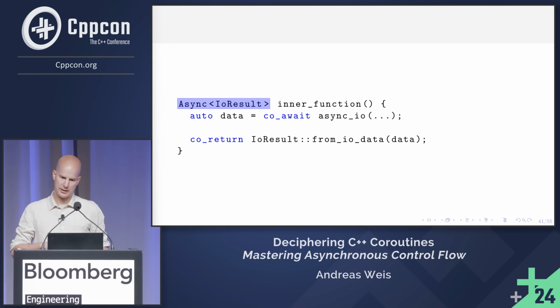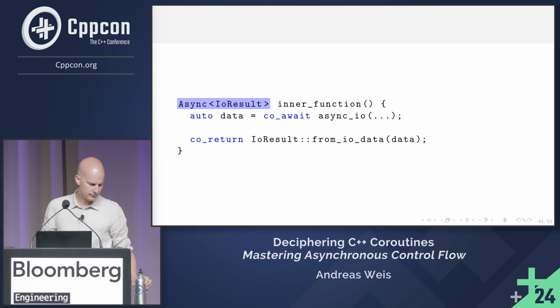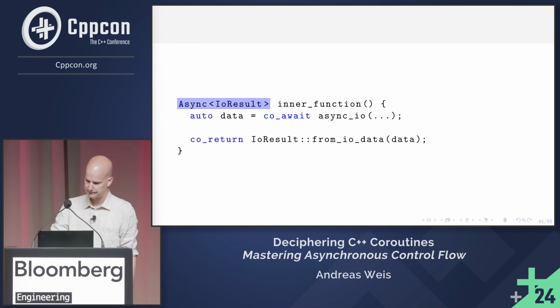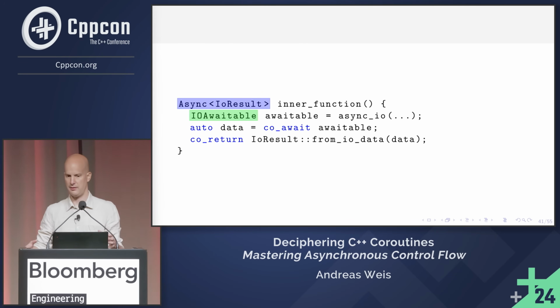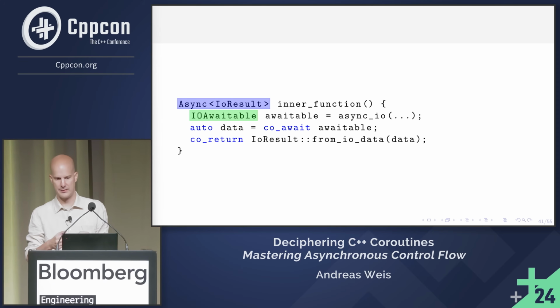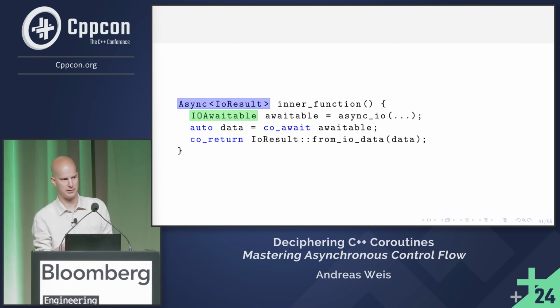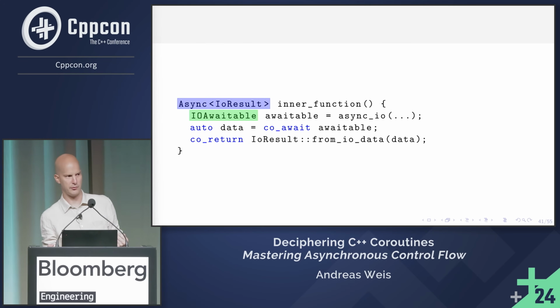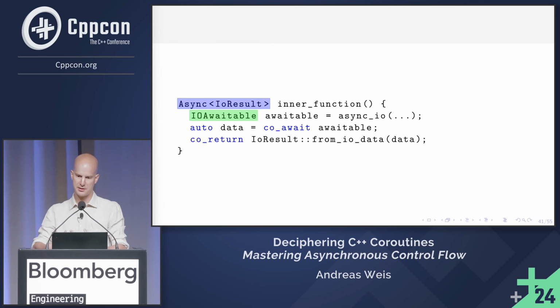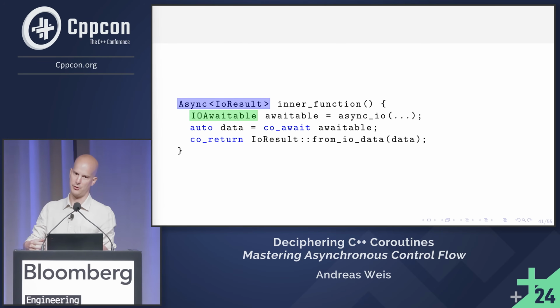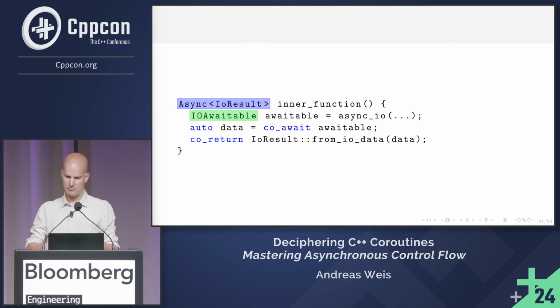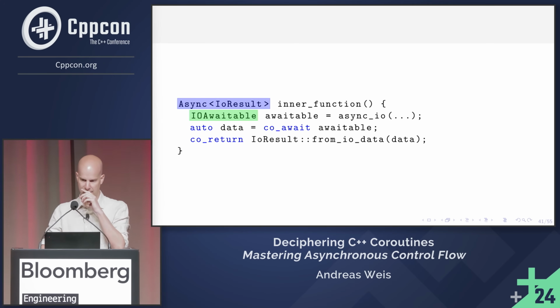So if we look at the co-await call here, right? If we pull this apart, then the awaitable that is returned here, that's not an async, right? That's a different kind of awaitable. This is something that is provided by my I/O library, and it plays by different rules.